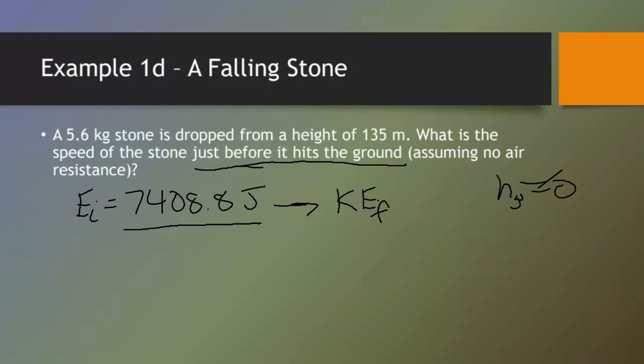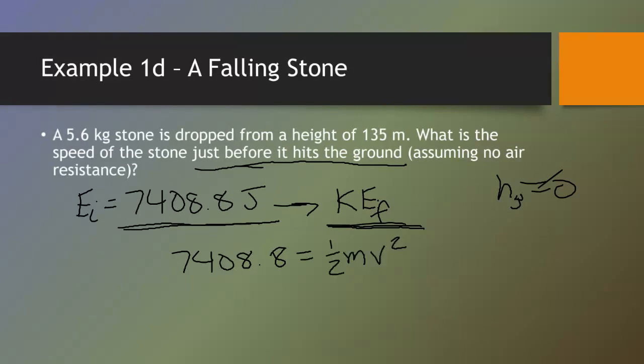And so there is no potential energy just before it hits the ground. It's all kinetic energy. All of the potential it had at the beginning is changed into kinetic just before it hits the ground. And so if we want to know the velocity or the speed just before it hits the ground, we just take the total energy and set it equal to 1/2 mv squared.